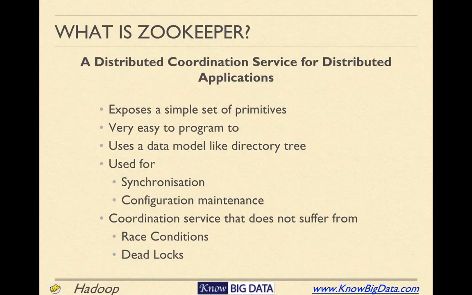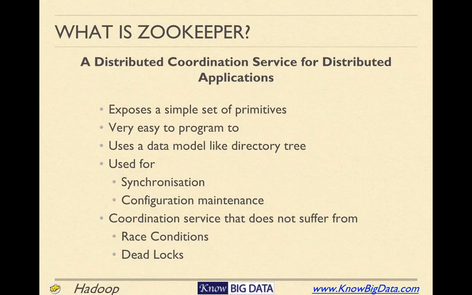Now it is used for synchronization and configuration maintenance. This is a coordination service that does not suffer from race conditions or deadlock. It has internally resolved all those issues.